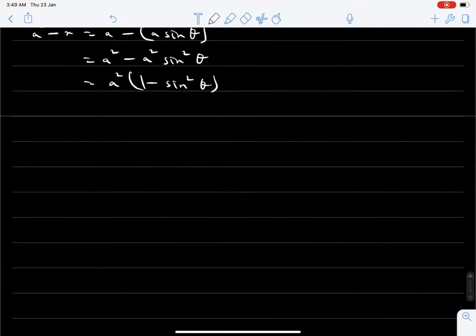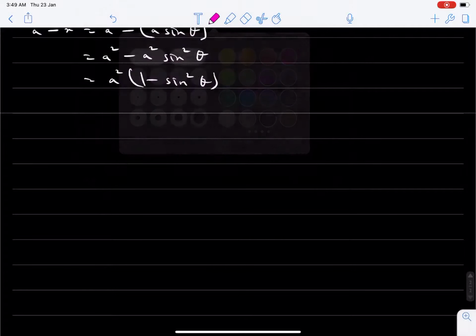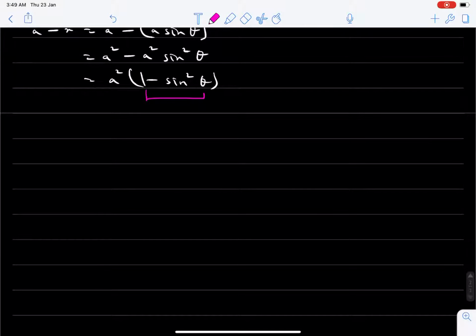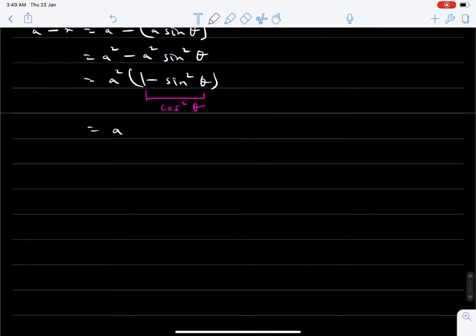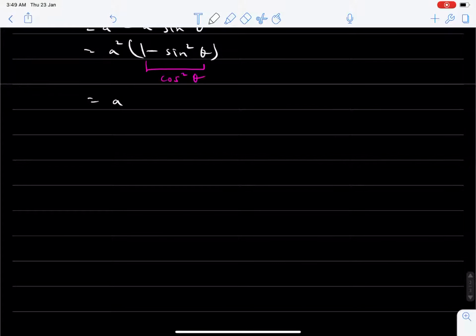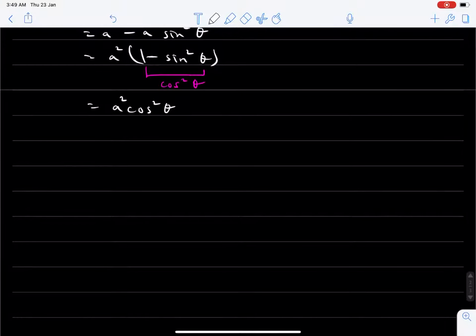But we know that 1 minus sine squared theta is the same as cos squared theta. So a squared times (1 minus sine squared theta) is the same as a squared times cos squared theta.